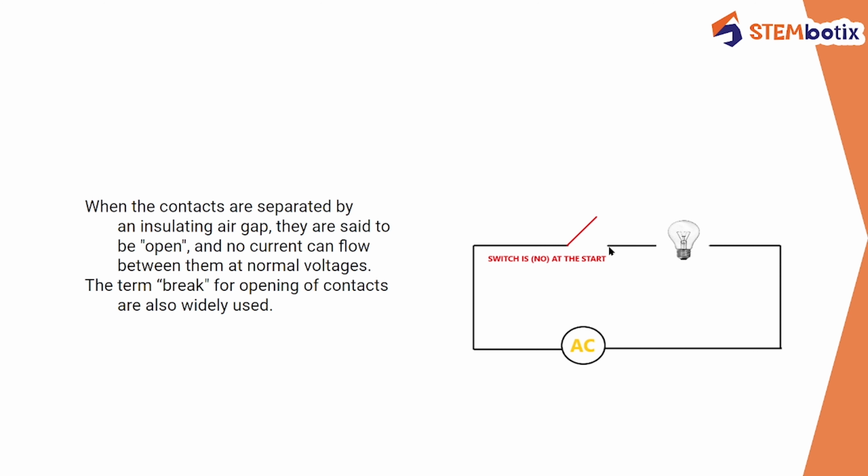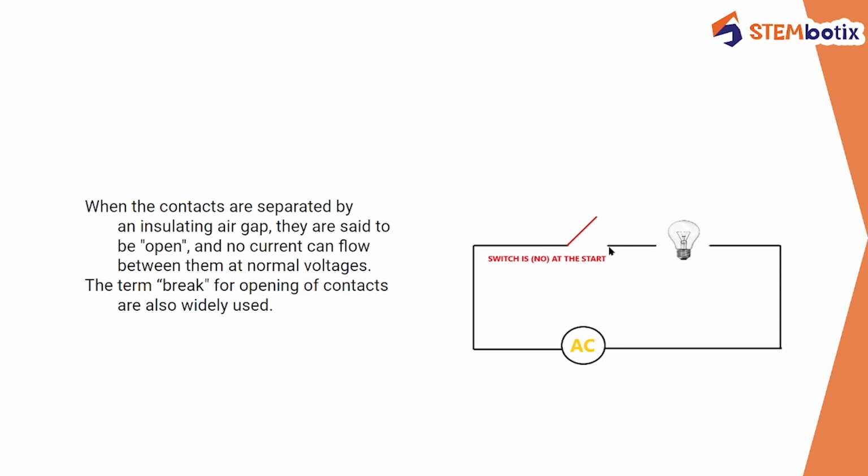So here the switch is responsible for interruption of current, and hence there would be no current flow between the bulb's terminals. Also, this type of term is known as break, for opening of contacts of the particular load circuit, because it is breaking the path.